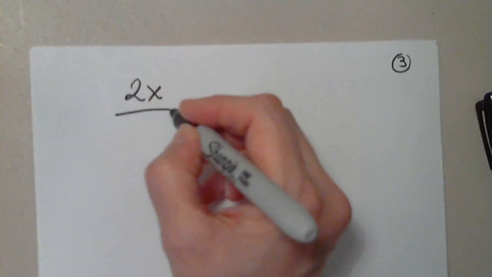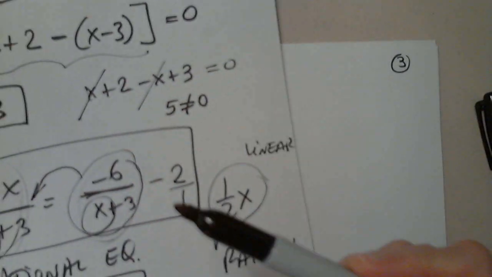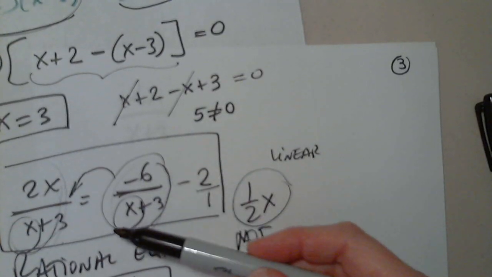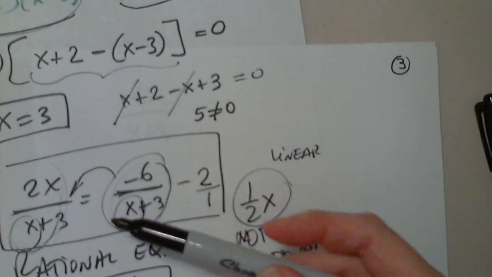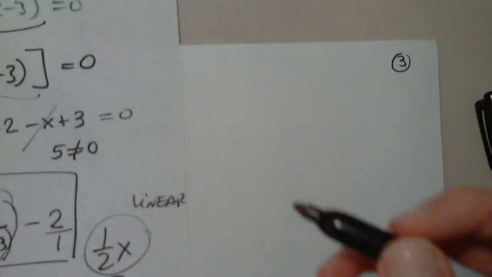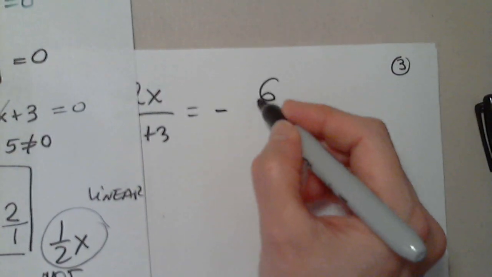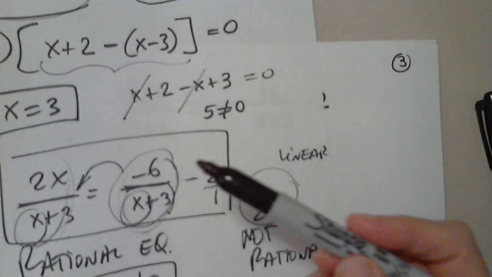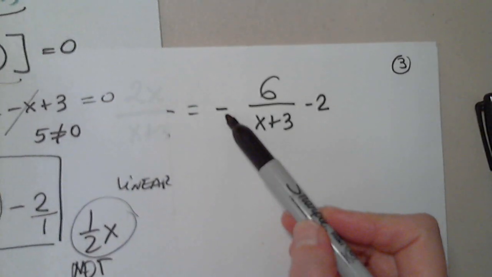So I have 2x over x plus 3. This negative in front of the numerator, because there is a plus in front of this denominator, I can rewrite it in this way, first of all. So a negative over positive is negative.